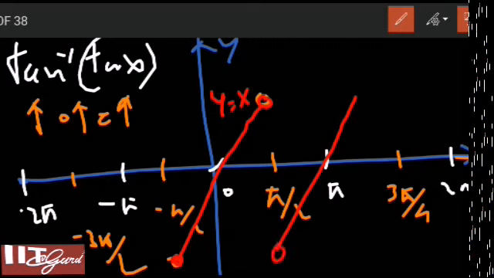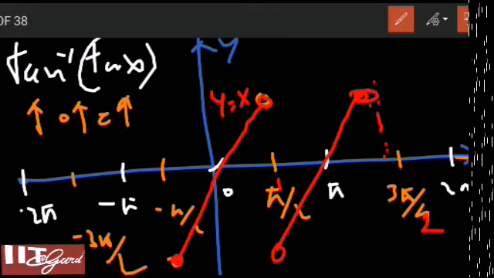If you draw the graph here, then this is another graph, and it lies from pi by 2 to 3 pi by 2. At pi by 2 and 3 pi by 2, there will be a hole. It's not a part of the graph. So at pi it's just 0, and it's increasing over here.